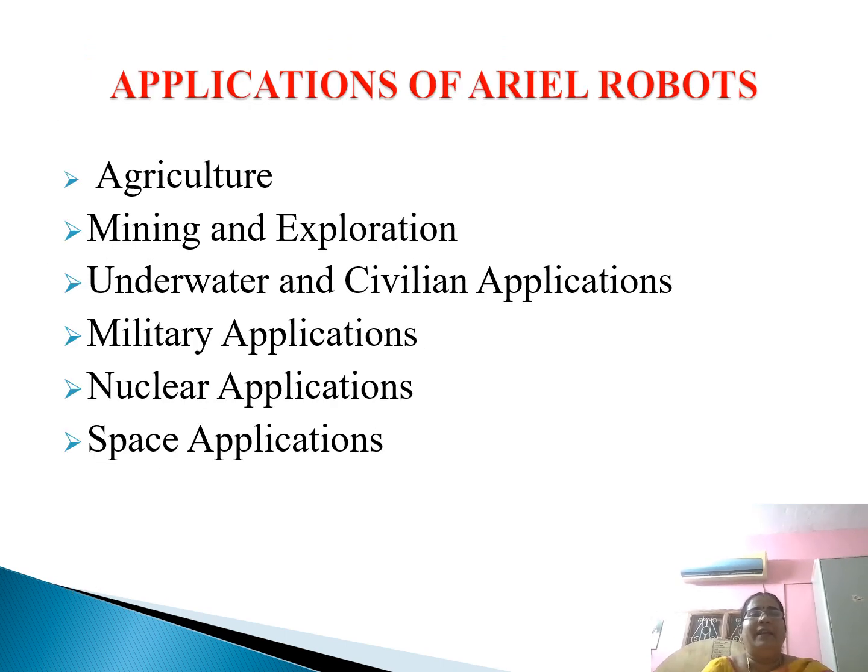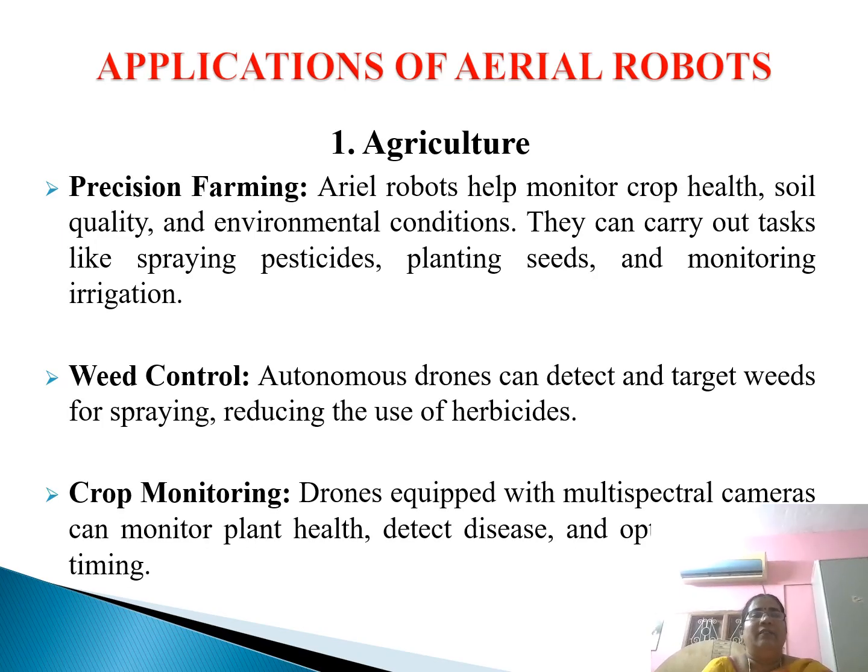There are many applications available for aerial robots. These are agriculture, mining and exploration, underwater and civilian applications, military applications, nuclear applications, and space applications. We see the first one, agriculture. Precision farming: aerial robots help monitor crop health, soil quality, and environmental conditions.